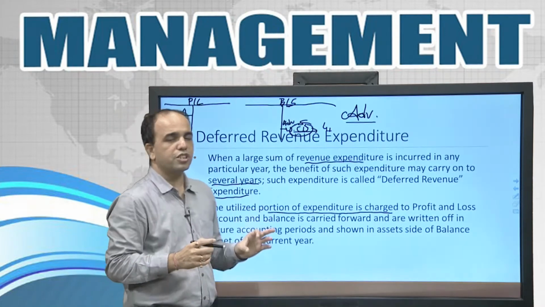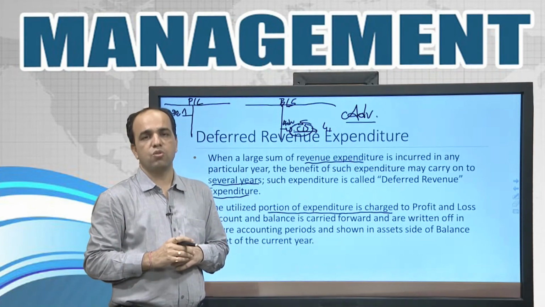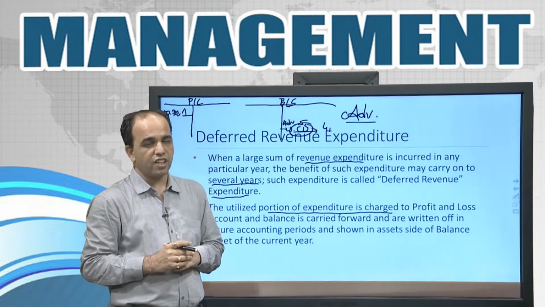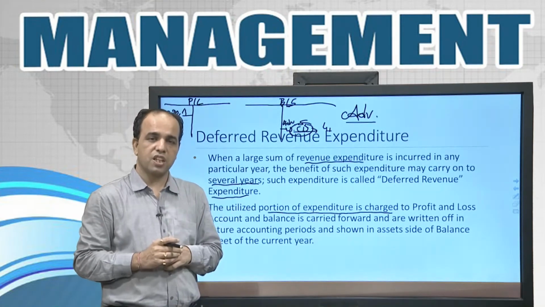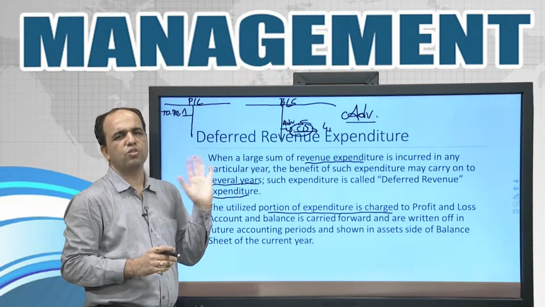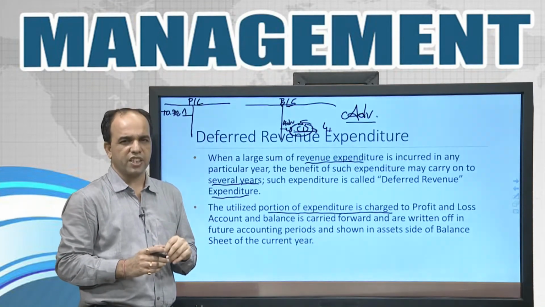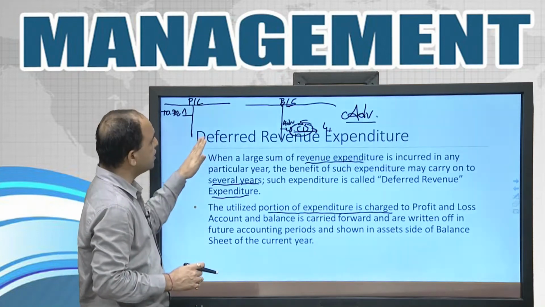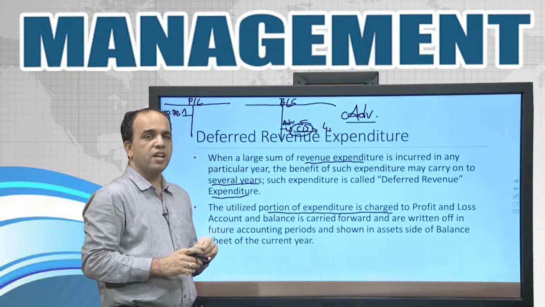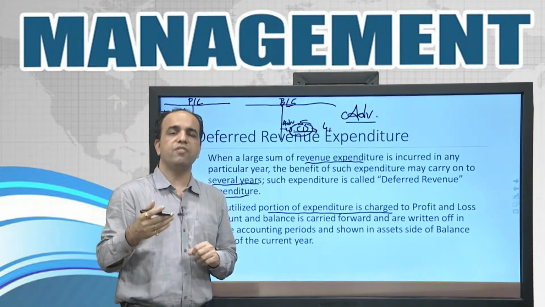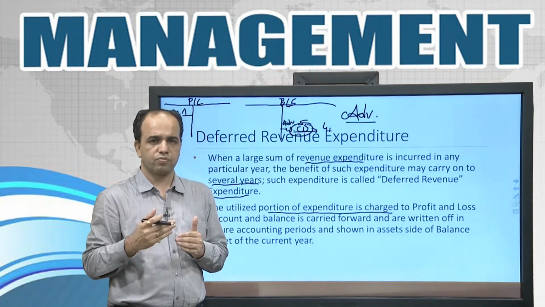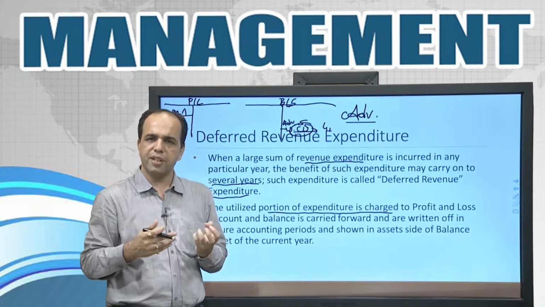Some of the very famous deferred revenue expenditure accounts are discount on shares, discount on debentures, underwriting commission, advertisement suspense account, and if we have any profit and loss account debit balance, that is also considered as a miscellaneous expense. Under miscellaneous expense, these items: advertisement suspense account, discount on shares, at the time of issue of shares, when we give discount, we know that generally it is for more than 1 year. The same thing happens in debentures also.